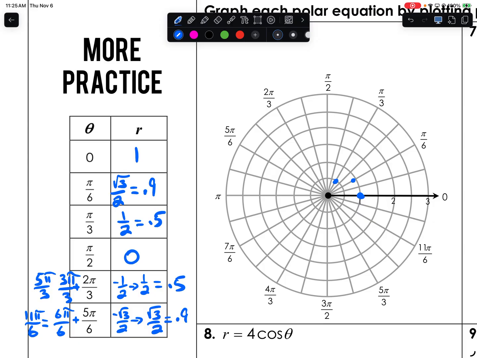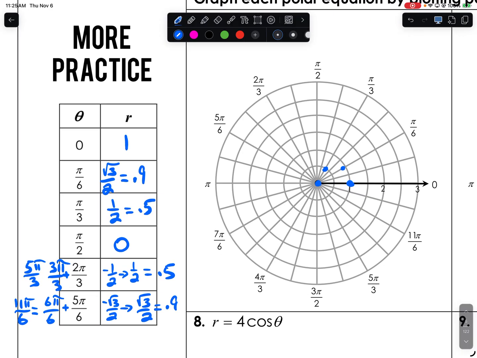And then pi over 2 is 0. So we're going kind of counterclockwise around our little circle-y looking thing. So we have 5 pi over 3, 0.5. And then we have 11 pi over 6, 0.9. That was a better one.